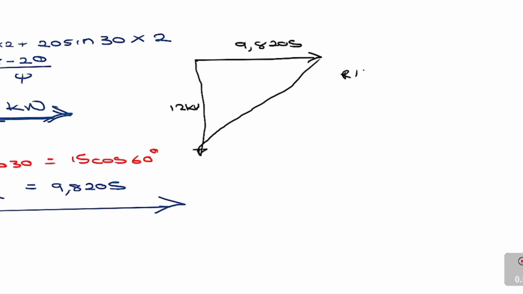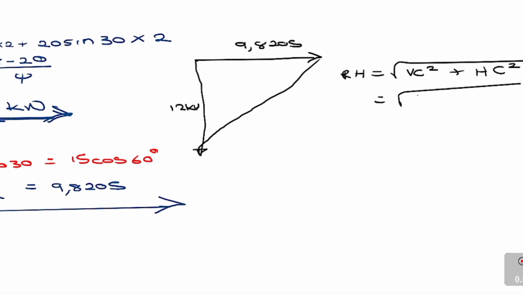So R hinge will be equal to the square root of the vertical component squared plus the horizontal component squared. Now we just need to fill in: 12 kilonewtons and 9.8205.